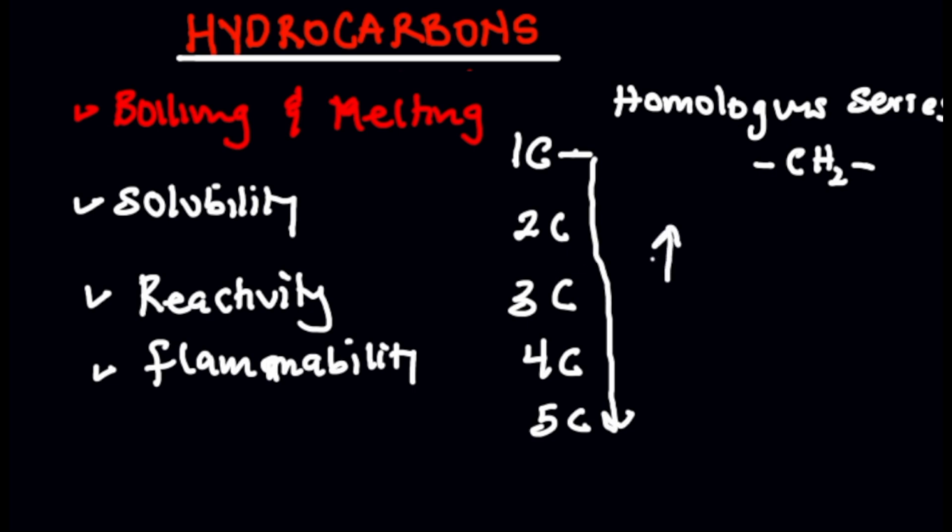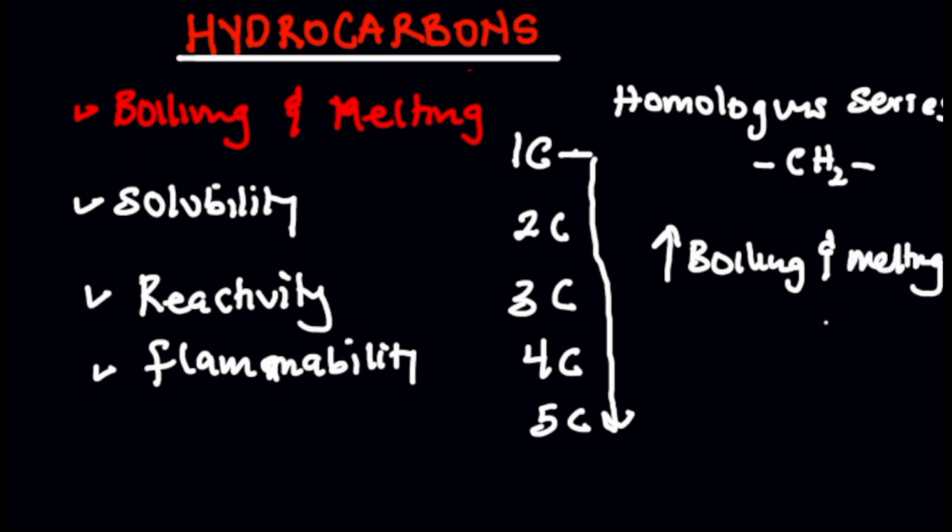So as the number of carbon atoms in a compound increases, the boiling point increases. The boiling point of a hydrocarbon with 1 carbon will be different from that of 2 carbon atoms, and quite different from that of 3 carbon atoms. So as the carbon atoms increase, so also the boiling and melting point increase.